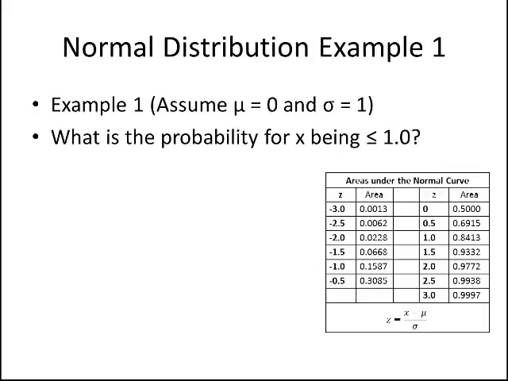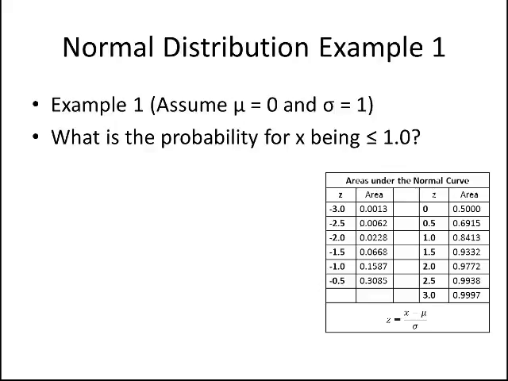The first example is very simple. In example 1, we're going to assume that the mean is 0 and the standard deviation is 1. And we want to know the probability that x is going to be less than or equal to 1. In order to do this, we need to use a table here.